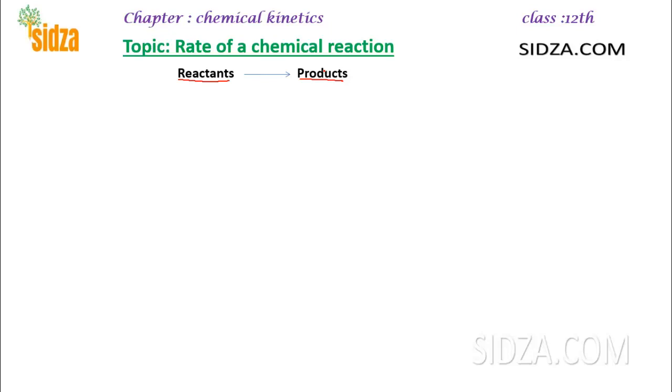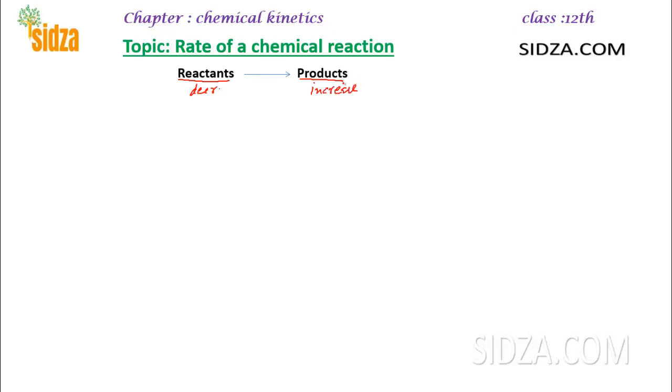Similarly here, what does a rate of reaction mean? It means the change in concentration, because the concentration of the reactants decreases and the concentration of the products increases with time.